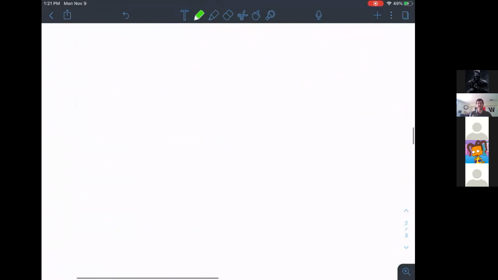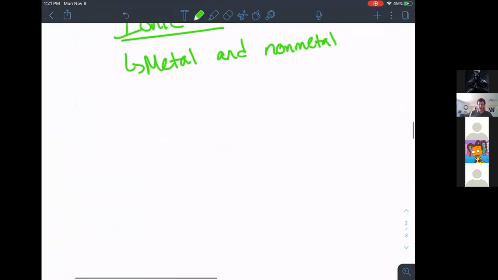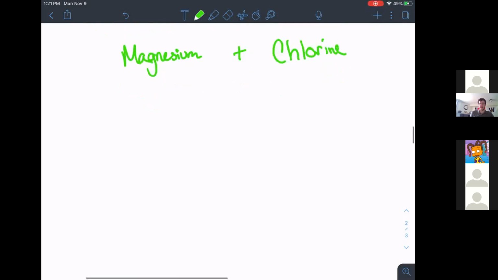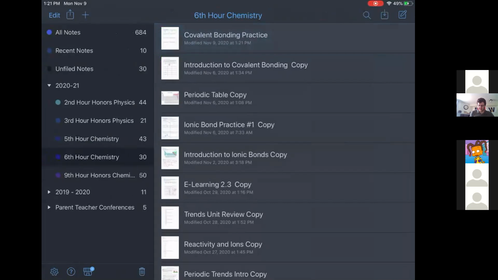So you're going to be creating those ions. Let's go with magnesium and chlorine. Magnesium, do you know how many valence electrons magnesium has? No, not off the top of my head. Right, so we look at our periodic table.